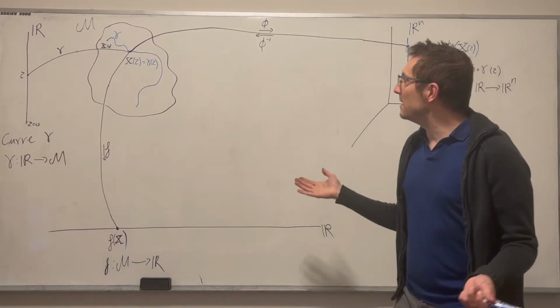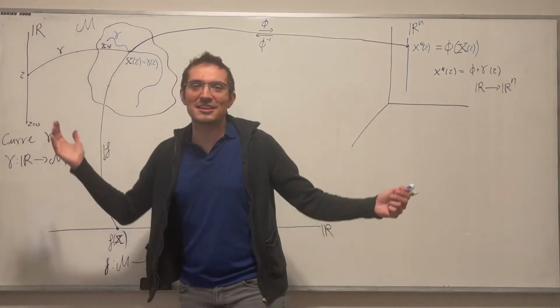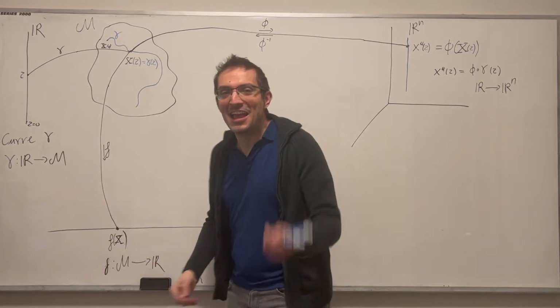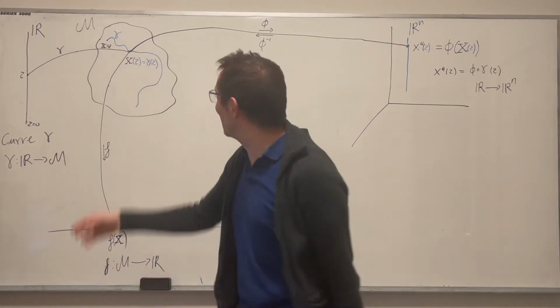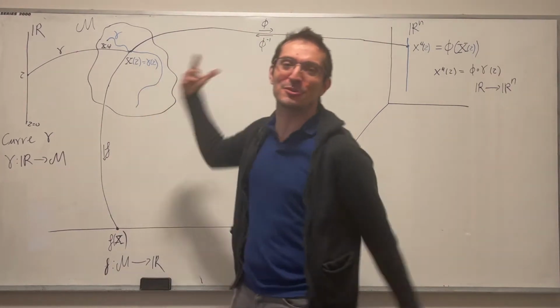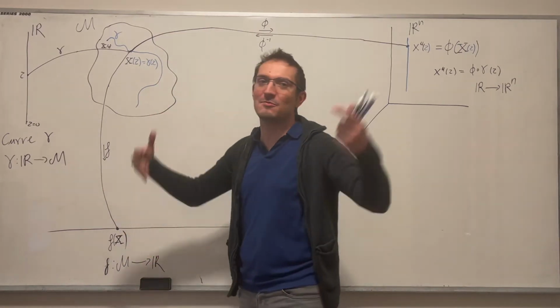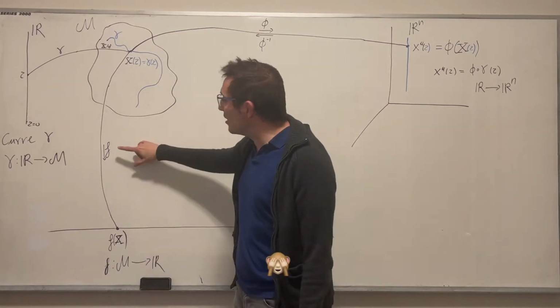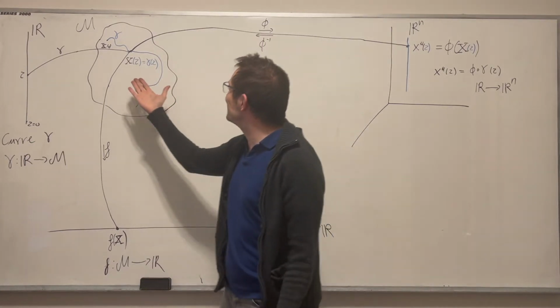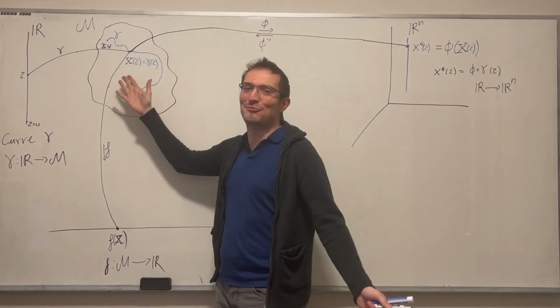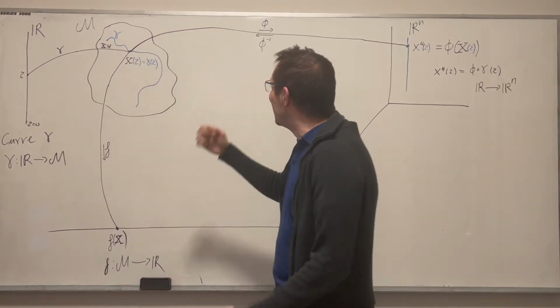Now, what does that mean? How do I know if a function is smooth or not? How do I differentiate? This function is unlike anything you've seen in calculus, because it's from a bag of infinite potatoes and greens and babies, and what, maybe I shouldn't say babies. This function is unlike anything you've seen before in vector calculus, because this thing is not Rn. This is a bag of fluffy things or something like that. This is a manifold.